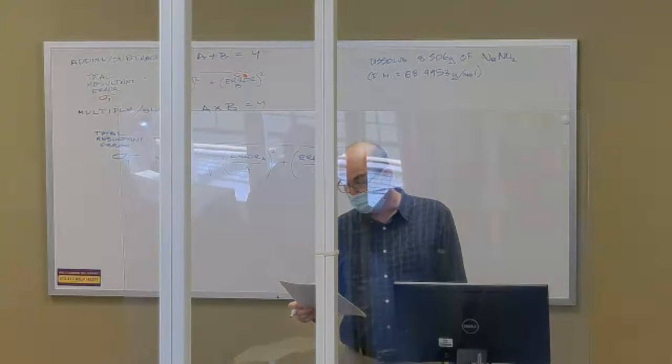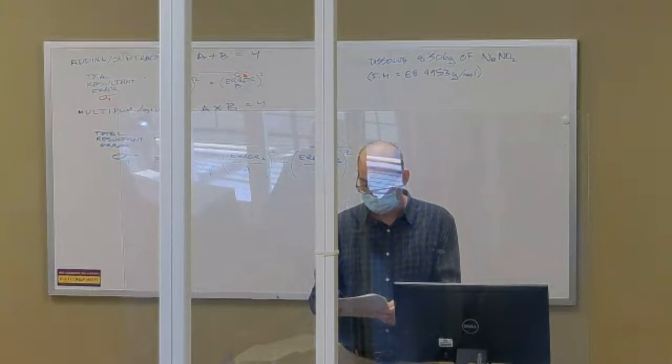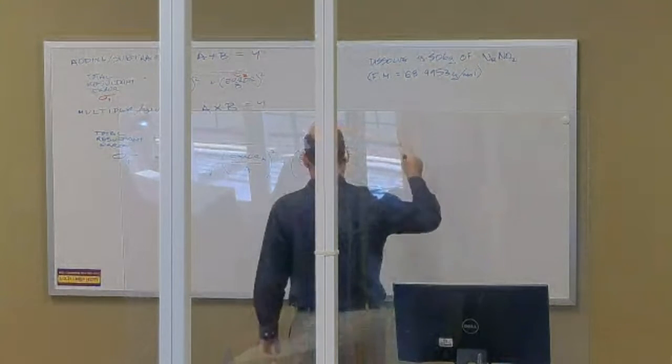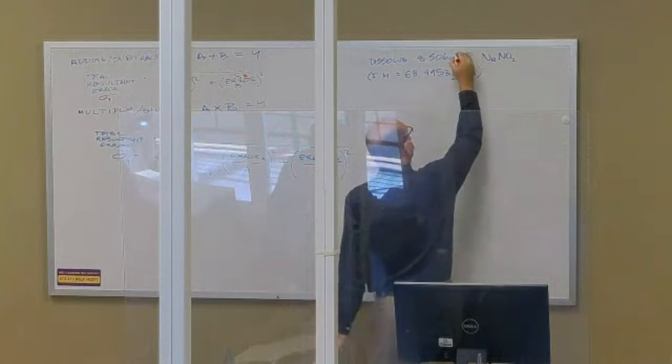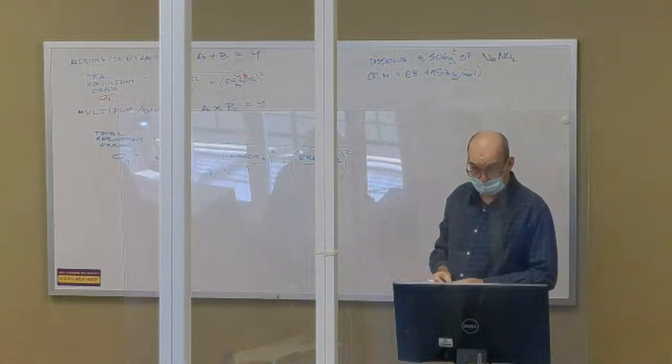And we made it in a volumetric flask that had a tolerance of plus or minus 0.08 milliliters. Okay. So dissolve, I'm going to add the plus or minus. Plus or minus 1 milligram.